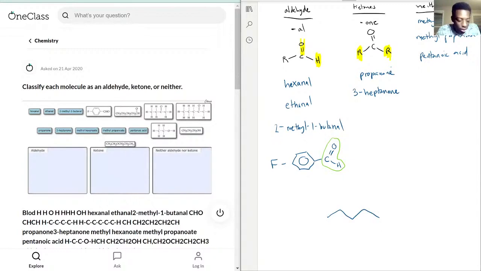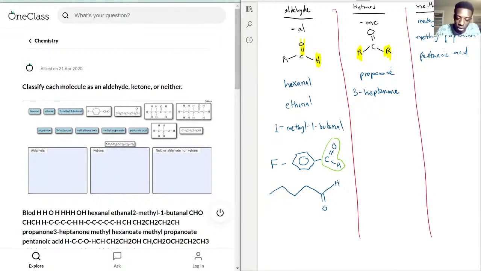And on the last one, it would be 1, 2, 3 carbon. Yep. And then there'll be an H here. And then this will be double bonded to oxygen. So this is what that formula would look like. So that right there is the same thing, and that one is also an aldehyde. Let me just draw a nice line through it. Okay.